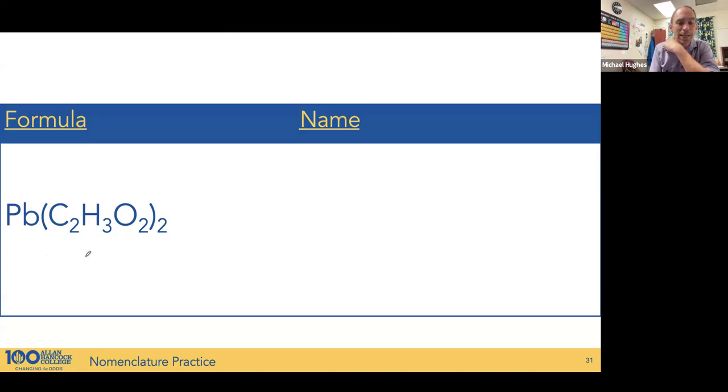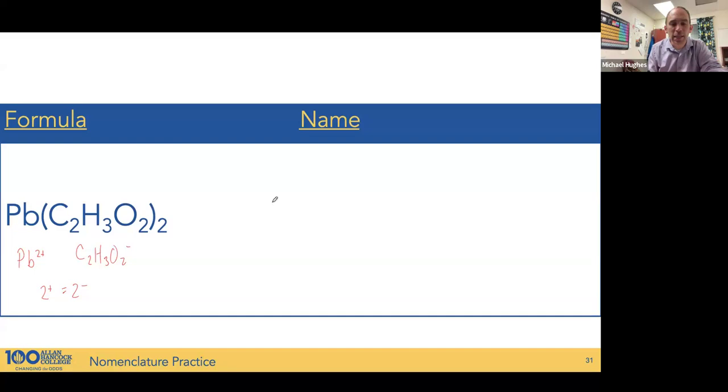Acetate is 1 minus on its own. And so if we need two of them, then there's going to be a 2 minus charge from the anions. That's going to be countered with 1 lead, Pb, and that must be 2 plus to counter the 2 1 minus acetates.